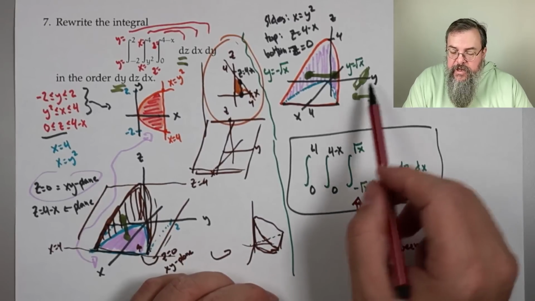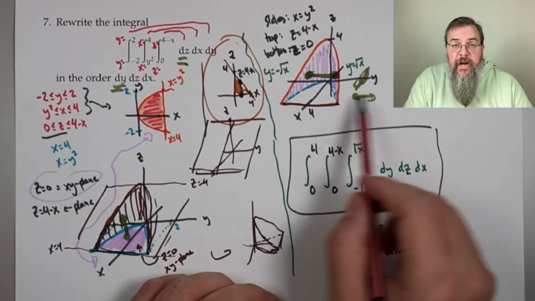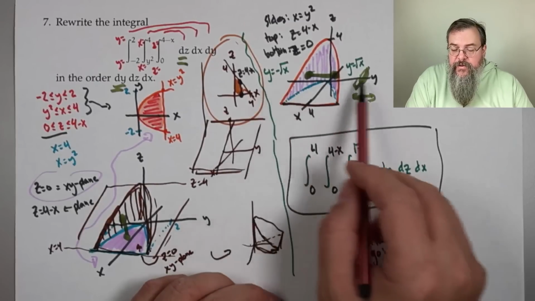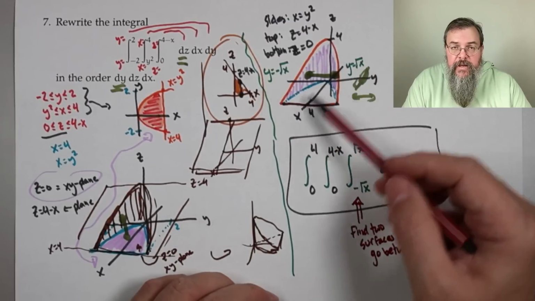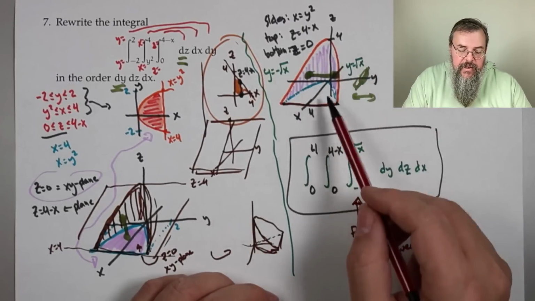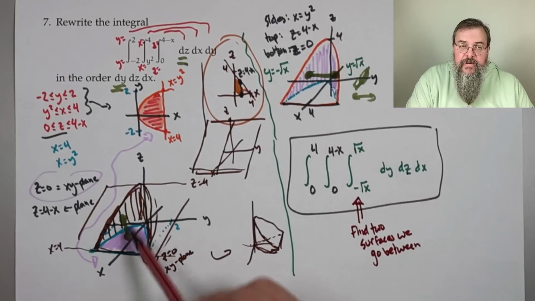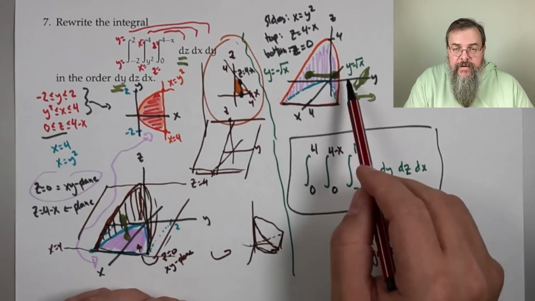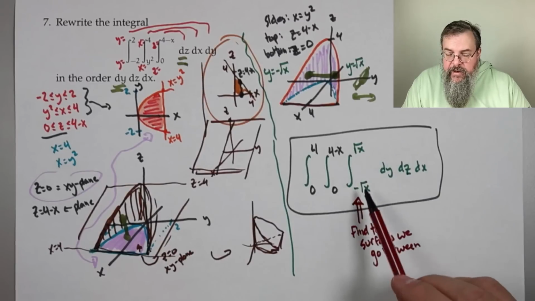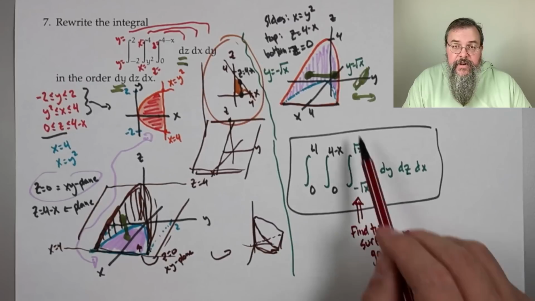So if you're going in the y direction, you're moving parallel to the y-axis. So you're moving that way. If you were doing x, you're moving this way. If you're doing z, you're going up, down. So here, we're integrating with respect to z, we're going up, down. Here, since with respect to y, it's left to right. All right, so we found those two surfaces. That gives us our inner bounds.